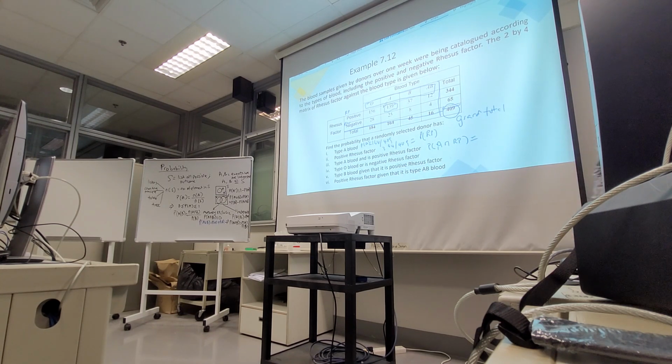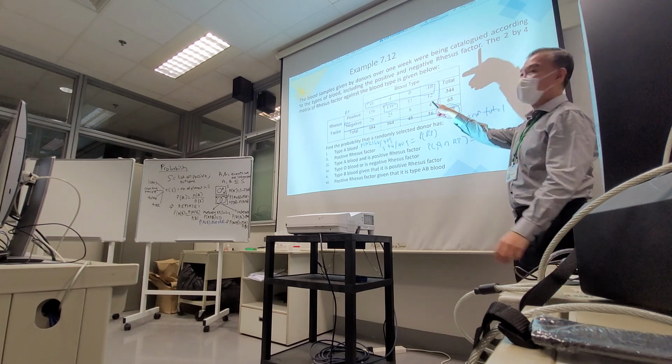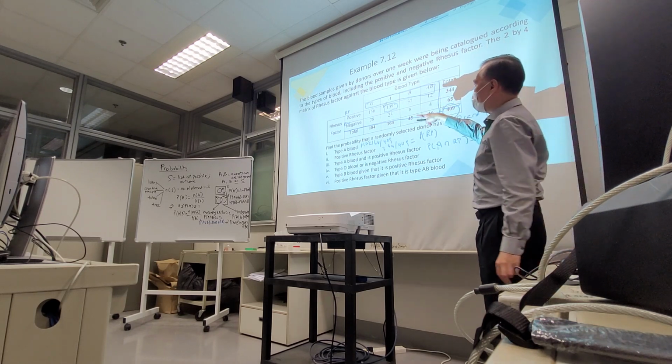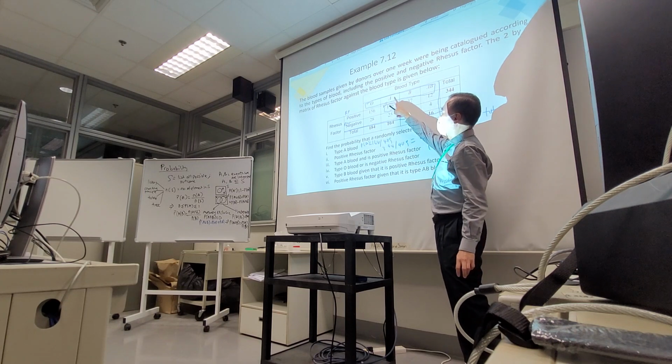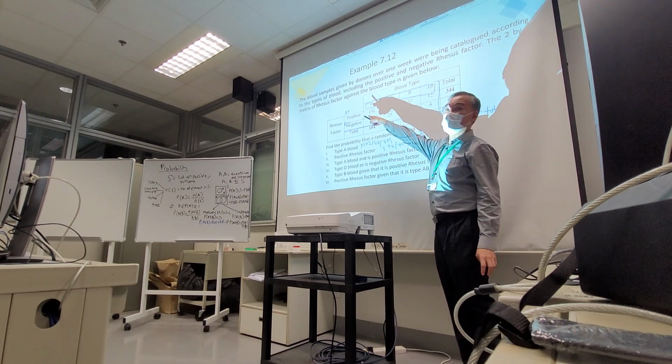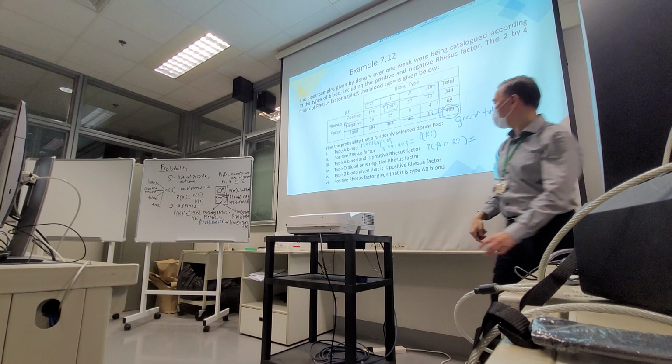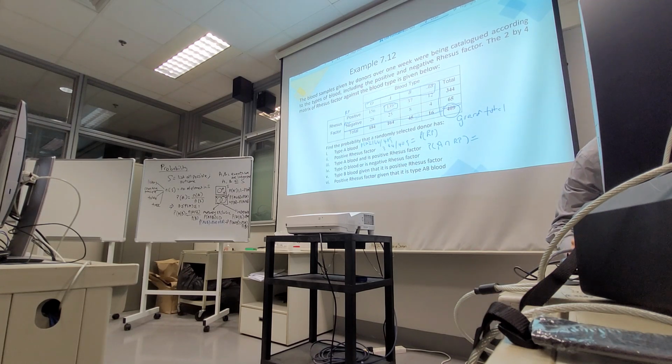So you don't even need the formula, because that number 139 is basically the intersection of A and RP, correct? That's the number. So the answer is 139 over 409. Are you with me?